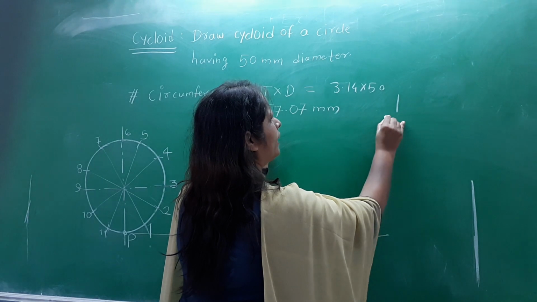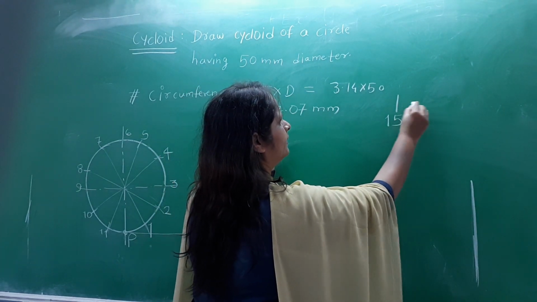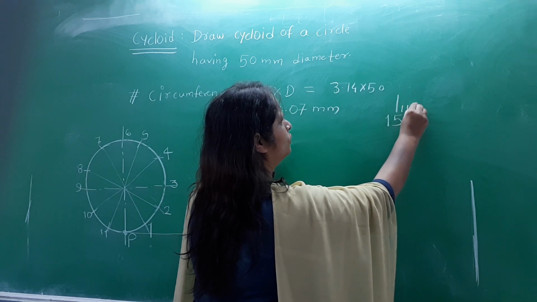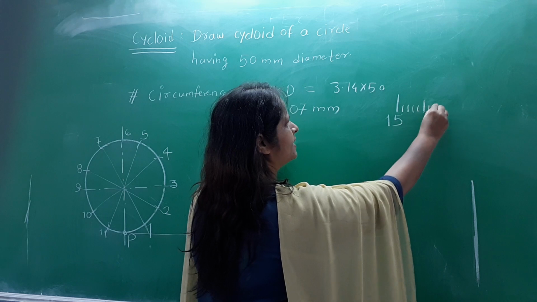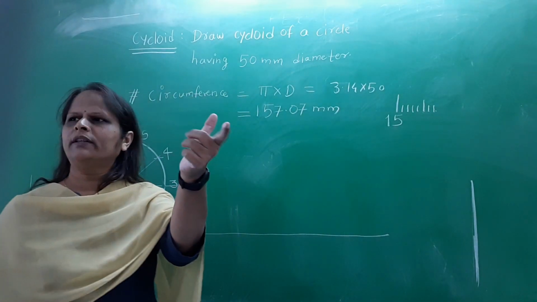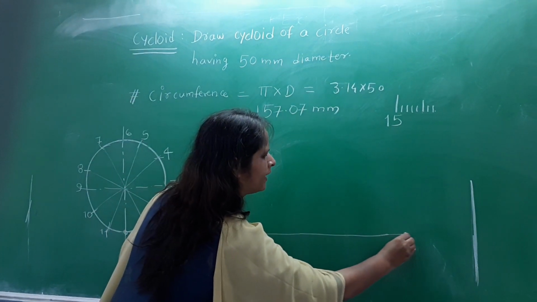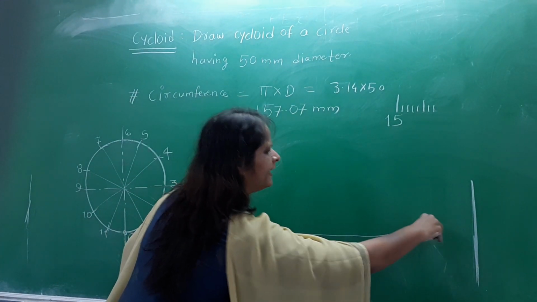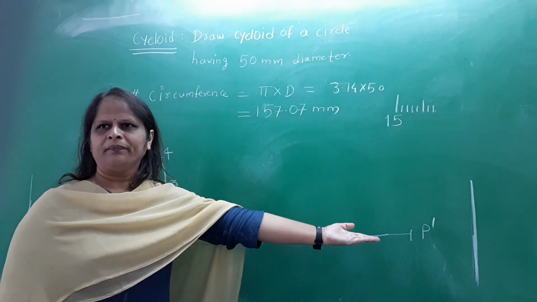Suppose here you have a 15 centimeter line, then this is 1, 2, 3, 4 and 5, 155, 156, 157.07, slightly more than 157. You have that distance and you mark it here. So this is P dash, the new position of P after one complete turn.